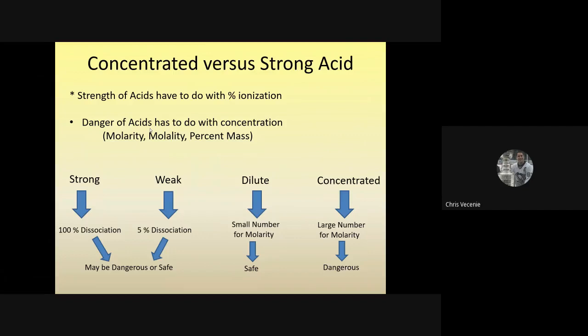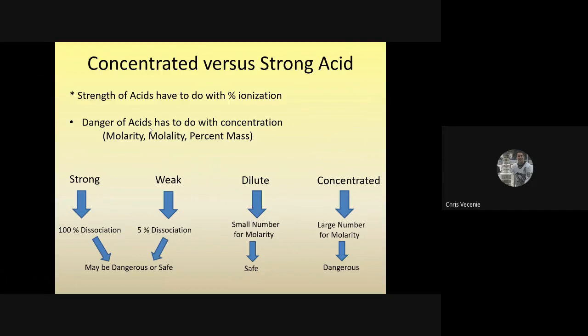And then we had a conversation about the difference between strong and concentrated or dangerous. And we tried to debunk any myths that just because an acid is termed strong, it's somehow scary, it's somehow dangerous. And the take-home message there was strong and weak have to do with the list of 6 and 100% breakdown or 5% breakdown.